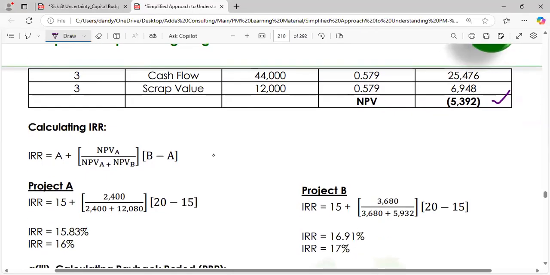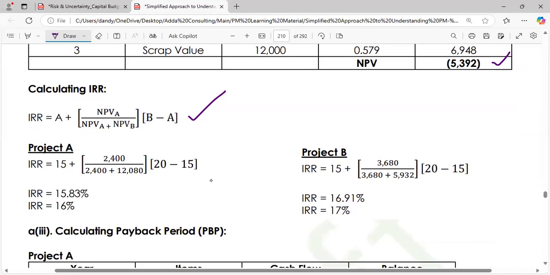So the next thing we need to do is to calculate internal rate of return using the IRR formula. So put the variables in the IRR formula. For project A, we got 15.83, okay? 15.83, which is approximately 16%. For project B, you put the variables, the NPV of lower discount rate and the NPV of a higher discount rate.